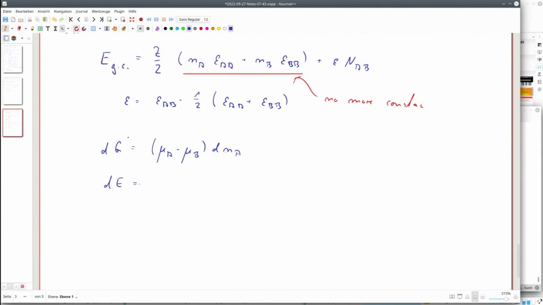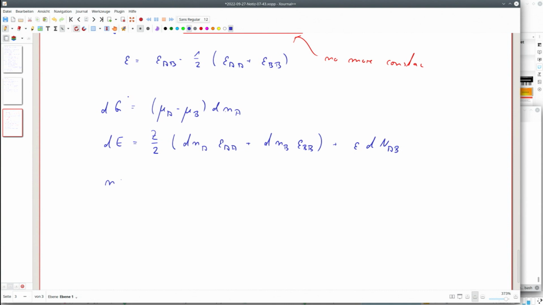Here our dE, if you take this from above, is Z over 2, dNA epsilon AA plus dNB epsilon BB plus, and now, since we are in the semi-grand canonical, this is constant.